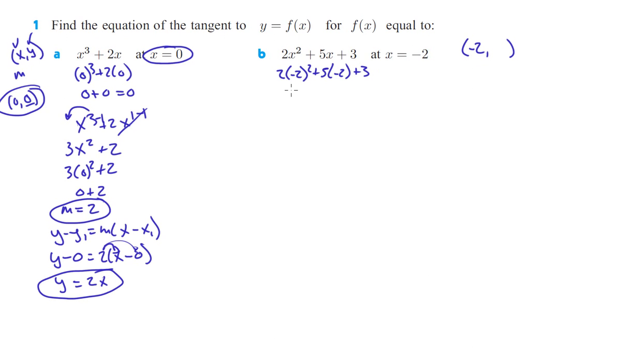Negative 2 squared is 4 times 2 is 8. 5 times negative 2 is negative 10. And then plus 3, that ends up giving us that the y value is 1. Okay, so what that really means is if you were to graph this equation, if you were to go negative 2 on the x, go up 1, and that's where the point is on this graph, and that's where that tangent is going to hit.